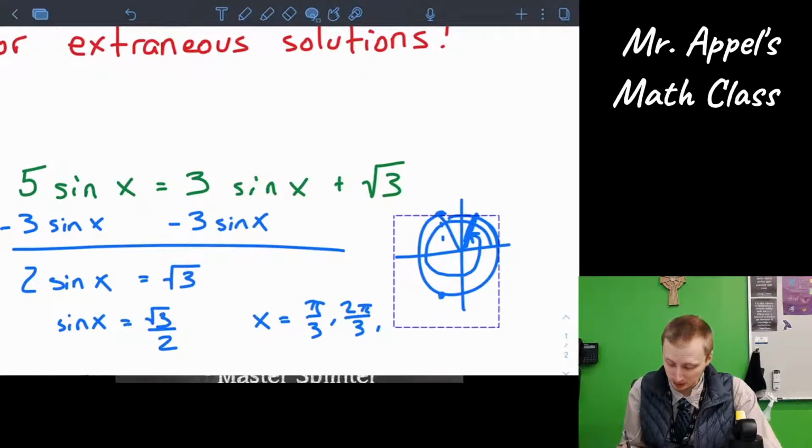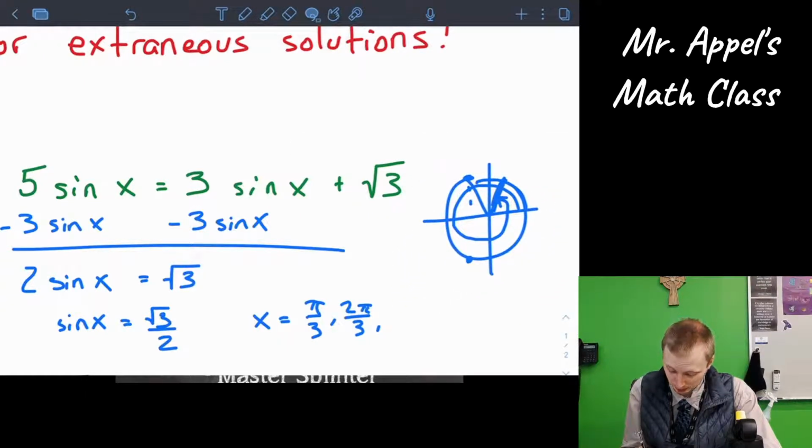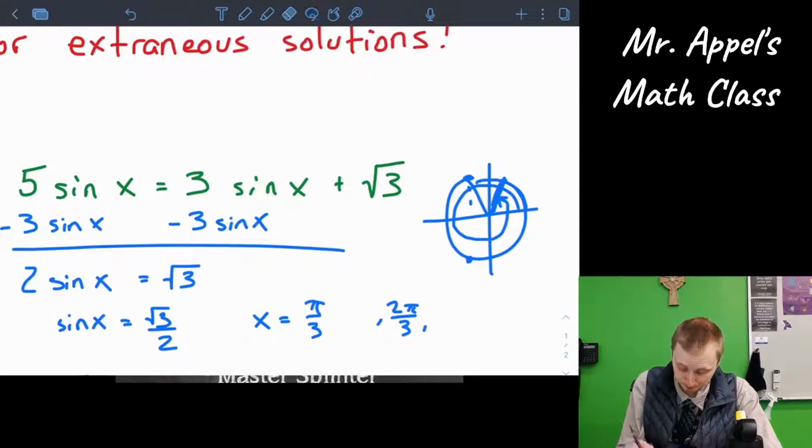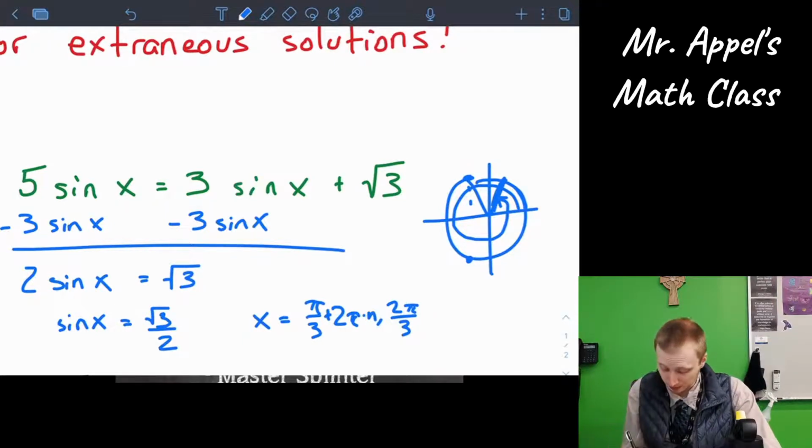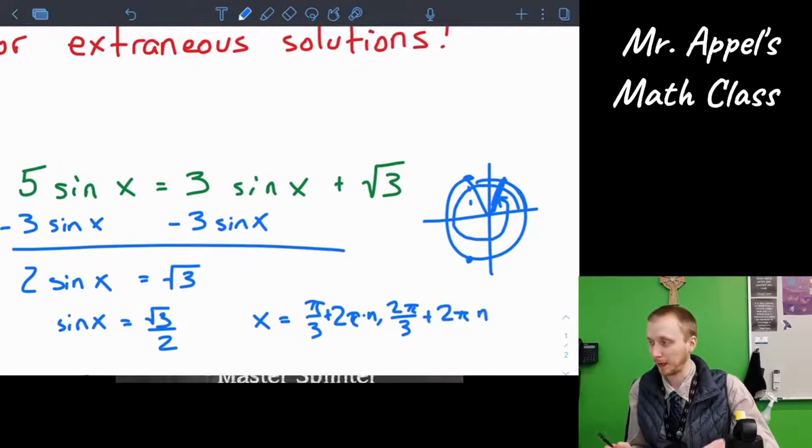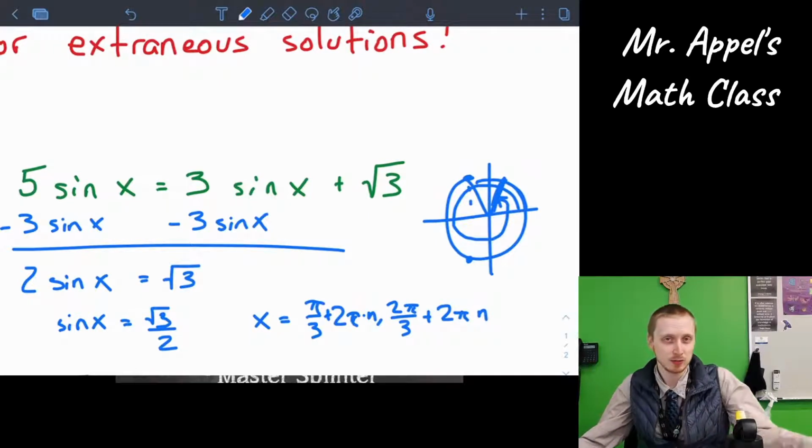So really, I need a little bit more room, so we're going to scooch these over a bit. We need to be able to add some extra circles. Okay? So we're going to add 2 pi n to both of our answers.